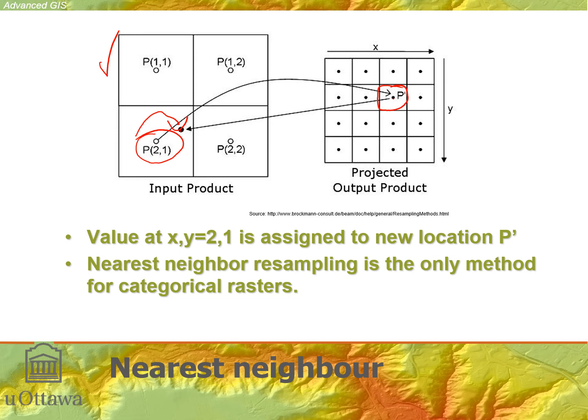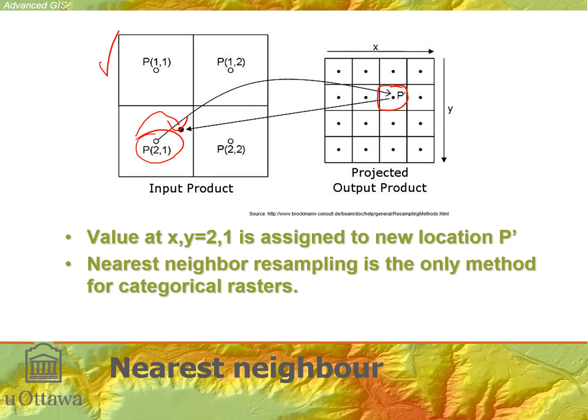It's very important to know and remember that nearest neighbor resampling is one of the only methods that is appropriate for categorical rasters. Some software may have other ones available. If there's a majority, for example, that could be used. So you may say, okay, take the majority of the surrounding 4 cells or something like that.